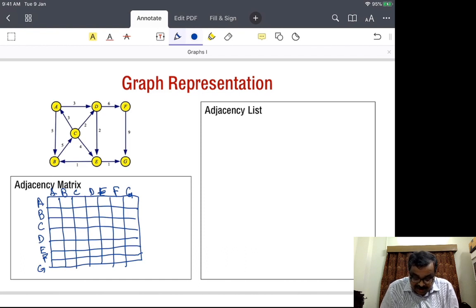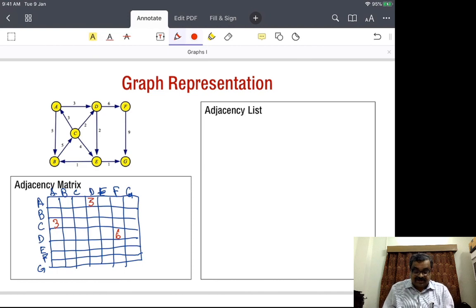So there will be an edge from A to D, and its cost, let us put in a different color so that it becomes clear, will be 3. Similarly, from D to F, we'll have 6. Similarly, from C to A, we'll have 3.